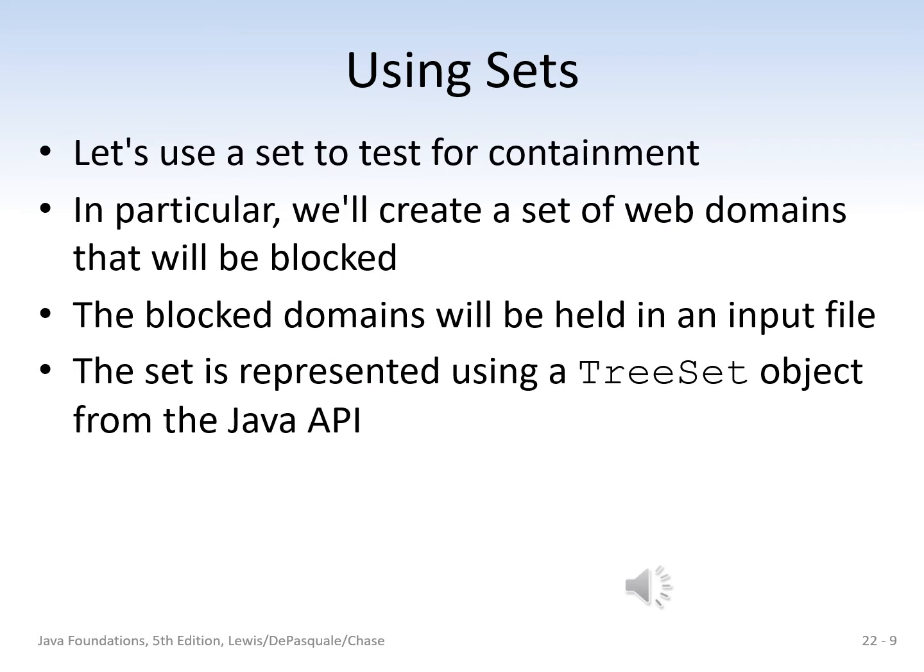So next, we're going to look at a coded implementation that uses sets, and we're going to create a set to test for containment. We have an input file that contains a list of blocked domains, URLs, and we'll test to see if whatever the user inputs is contained in the set.